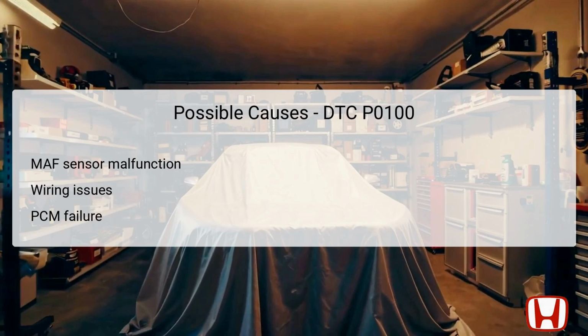There are several potential causes for the DTC P0100 code. The first is a malfunction or failure of the MAF sensor itself, which can occur due to contamination, wear, or internal faults. Wiring issues are another major contributor to this error, including short circuits, open circuits, or connector problems that impede the flow of information between the sensor and the PCM.